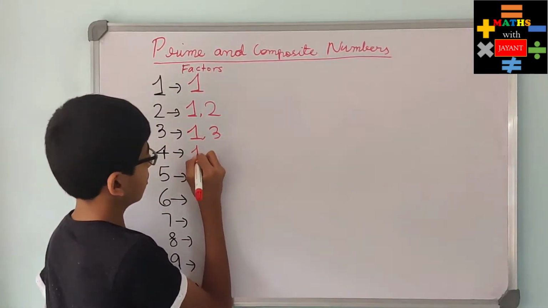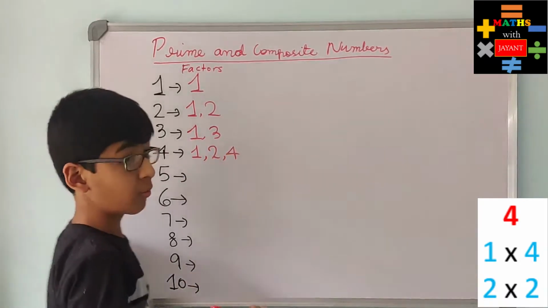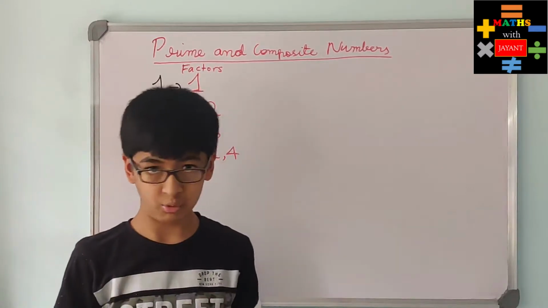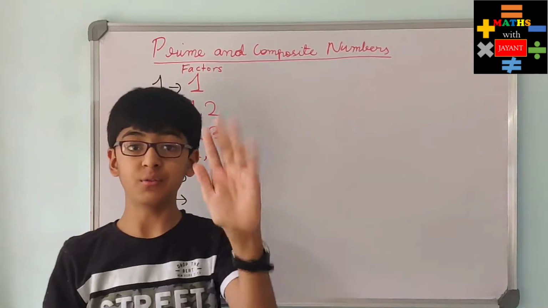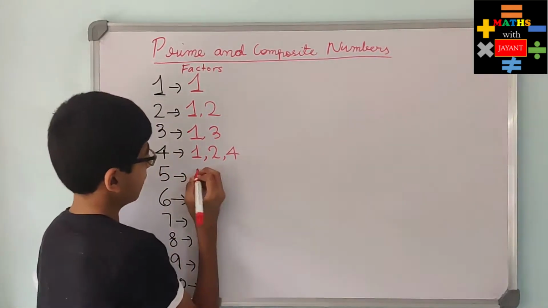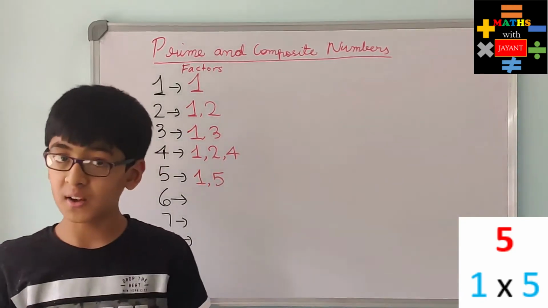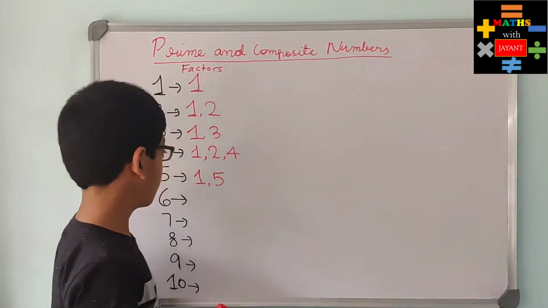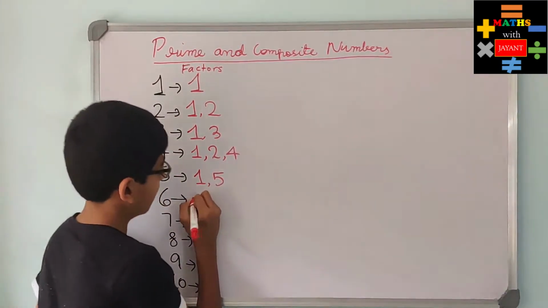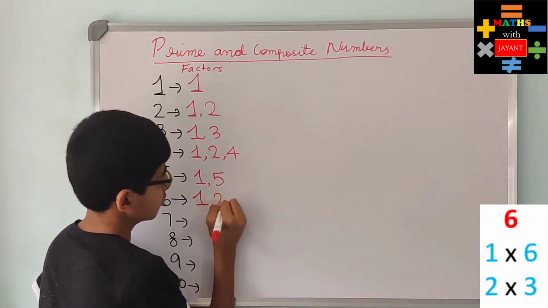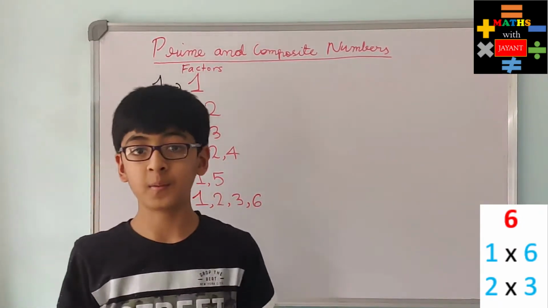So the factors of 4 are 1, 2 and 4, because 1 into 4 gives us 4 as well as 2 into 2. Now let's see the factors of 5. So the factors of 5 are 1 and 5. Are there any more factors of 5? No. Now let's see the factors of 6. The factors of 6 are 1, 2, 3 and as well as 6.